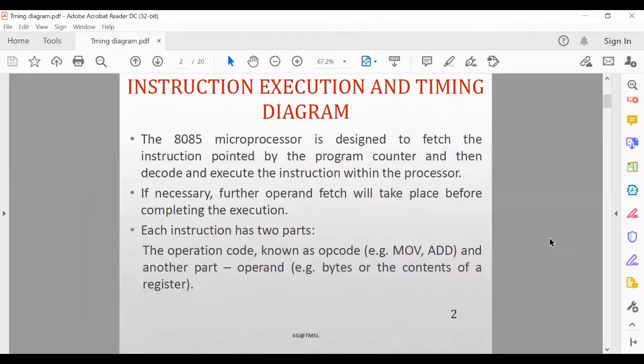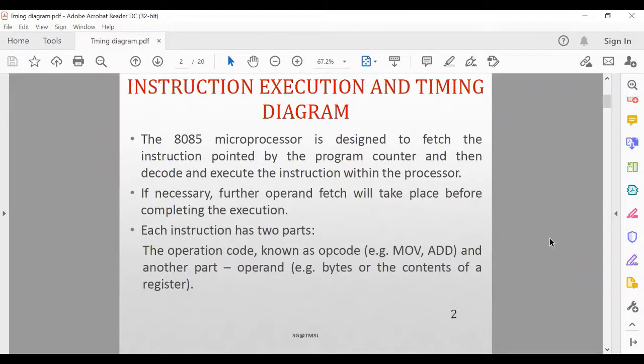If it is necessary, then further operand fetch takes place. That means after interpreting this opcode, if it requires fetching the data part again, the operand part, that will take place before completing the execution.